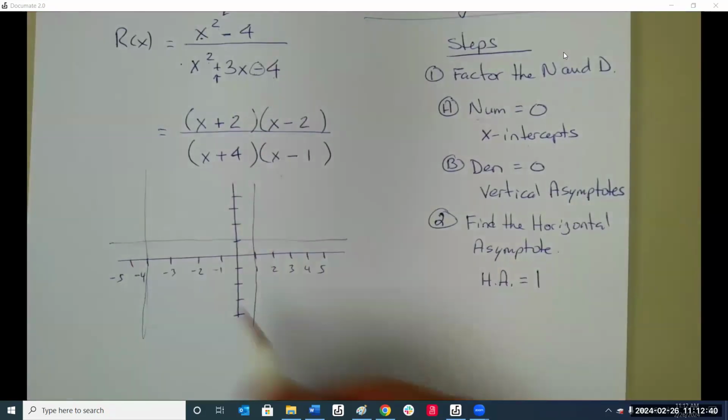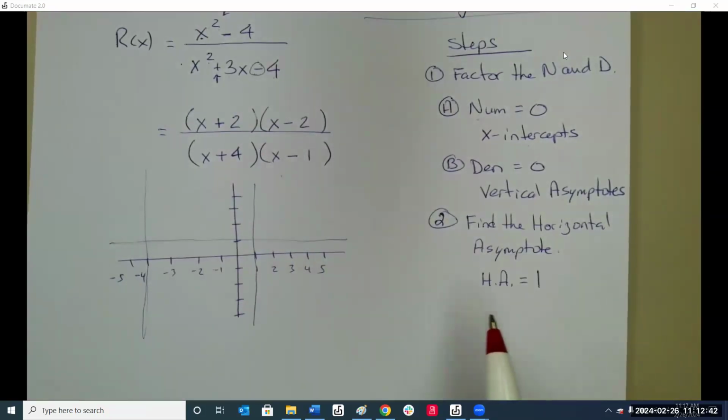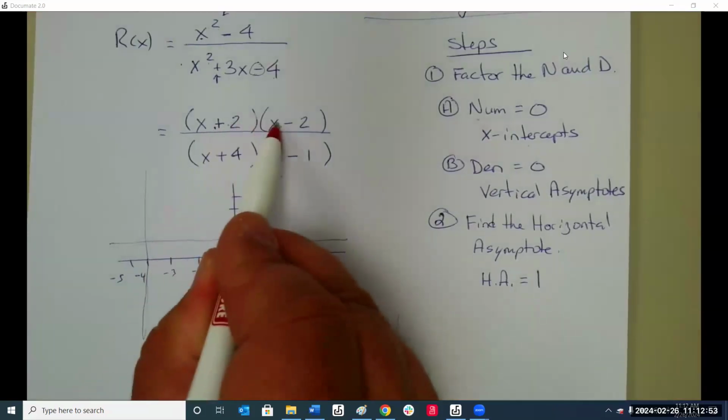So we found our horizontal and vertical asymptotes. Now find our x-intercepts. Right, set both of these equal to 0.